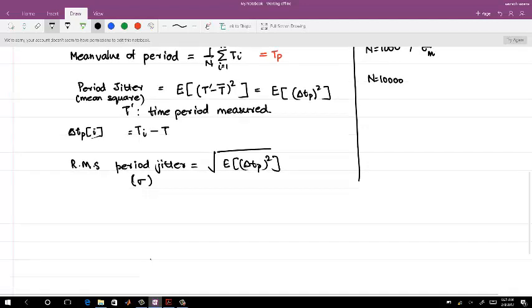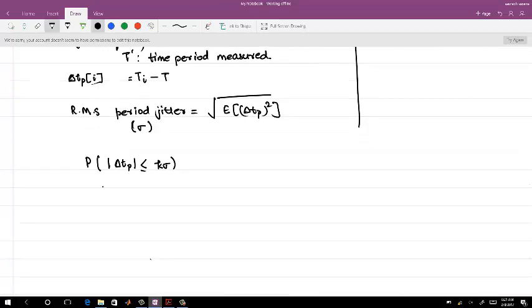So if I just write what you are saying in words, let's say the probability that your delta Tp lies between plus and minus k sigma. Now we know that this delta Tp has noise in the system, which is Gaussian, like this.